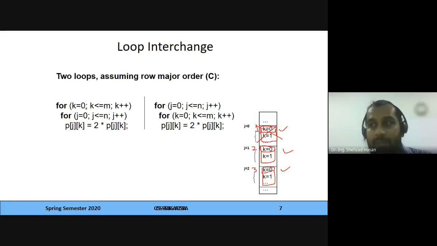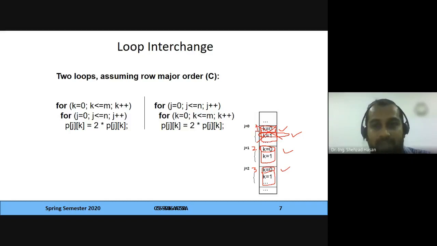So now k becomes 1, and you start again from j equals 0. You are basically talking about this second element here, but it has been replaced in the cache because there was no more space to hold it. So you have to bring it back into the cache. The whole block comes in again.